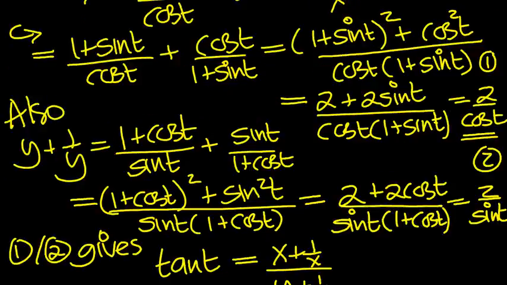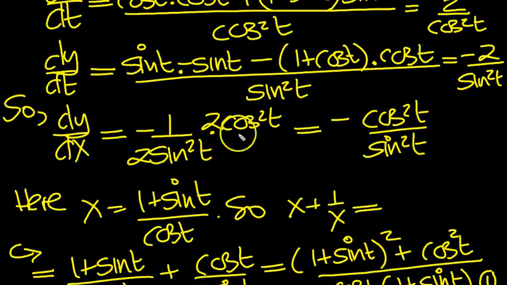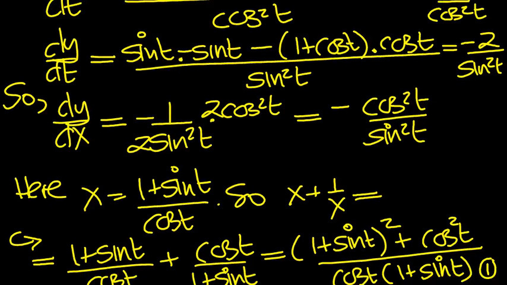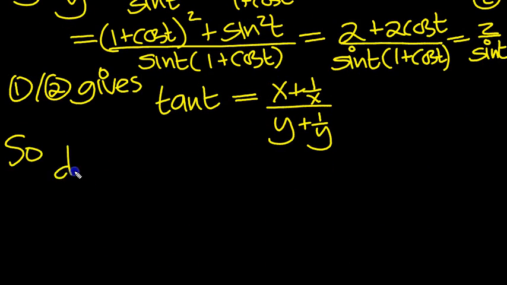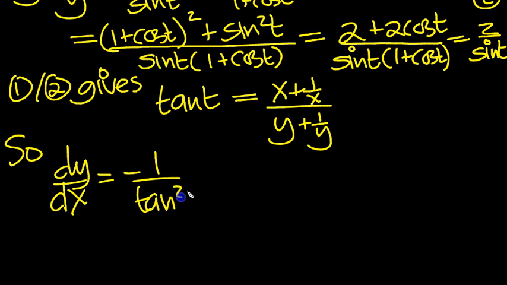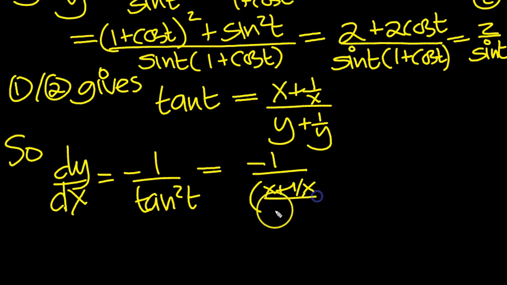So now we can go back to our original problem, remember? Which was here, dy/dx is minus 1 over tan squared, isn't it? We can write this as minus cos squared over sine squared, which is minus 1 over tan squared. So dy/dx equals minus 1 over tan squared t, which equals minus 1 over this squared.